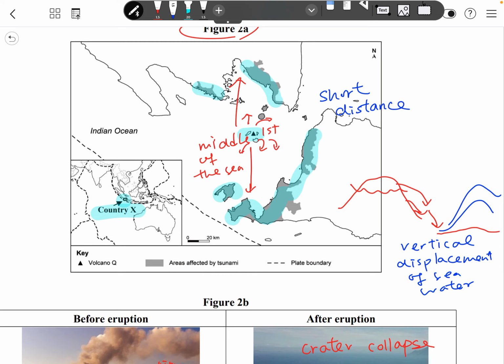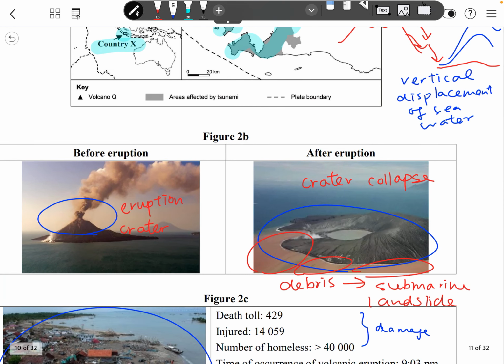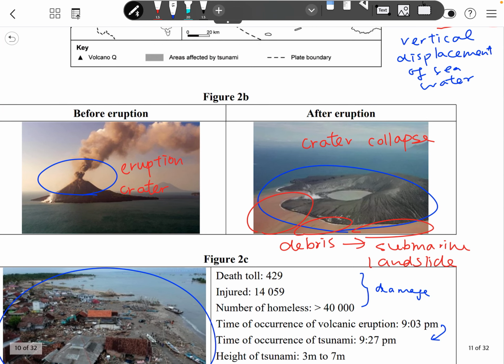Very close to the volcano, so direct attack. Next one, we have the crater collapse and submarine landslide. So it triggered off huge energy, high magnitude. 個強度好勁 of tsunami. High magnitude of tsunami or large energy.